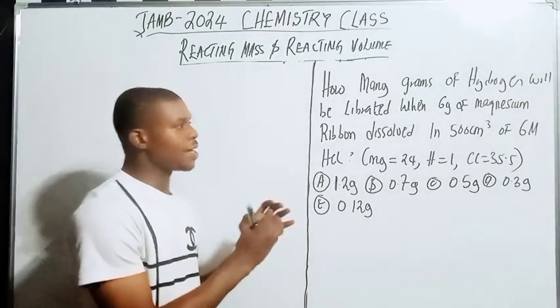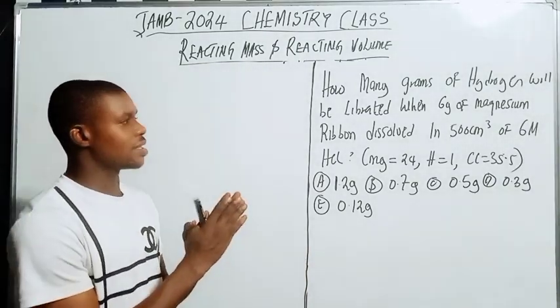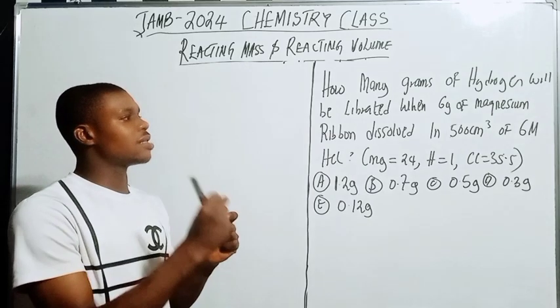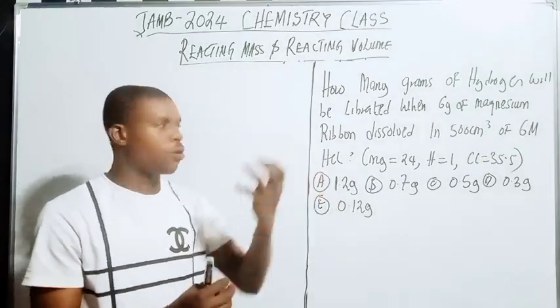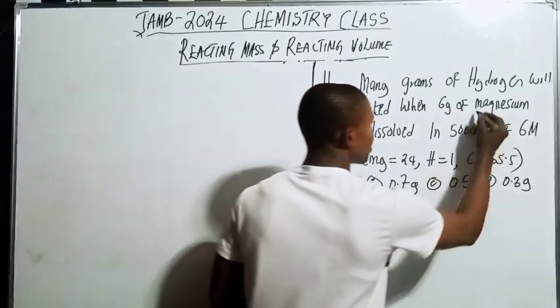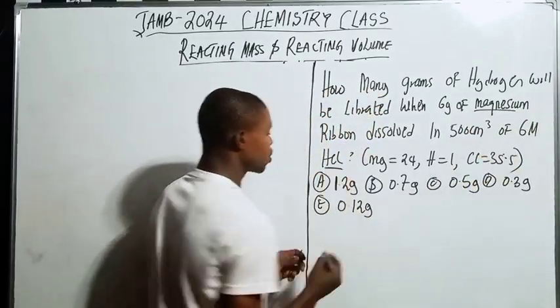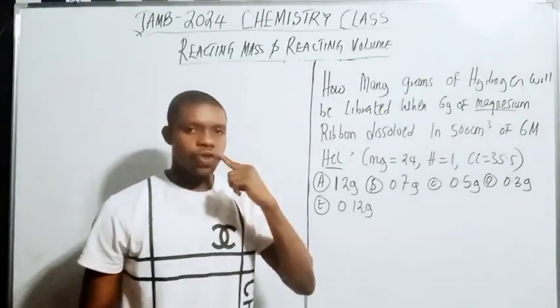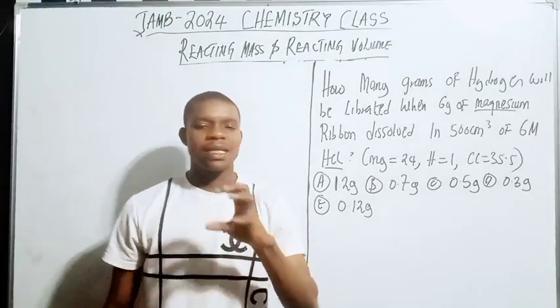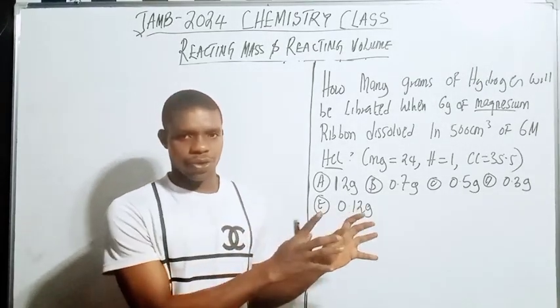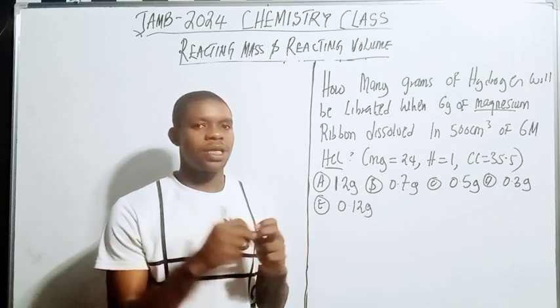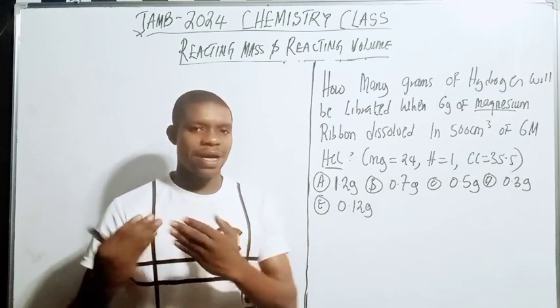You get. So from here, the question says how many gram of hydrogen will be liberated, formed, when magnesium metal reacts with hydrogen chloride. You understand? Typically there was no equation given to us. So it means that you have to write a balanced chemical equation.